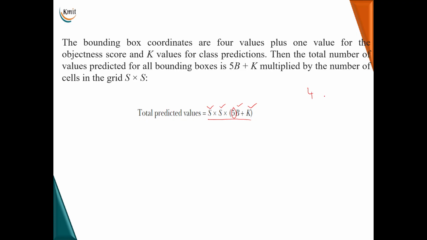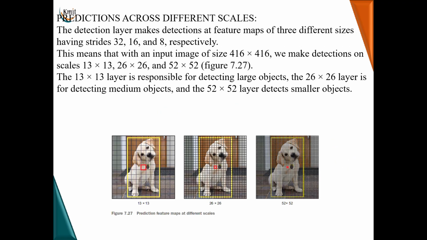Because, as I told you, you will have 4 coordinates of the bounding box plus 1 objectness score, hence 5B plus K. For example, if the input image is divided into 7 by 7 grids, you have 2 bounding boxes generated and the number of classes is 20, then the number of predicted values will be 7 into 7 into (5 into 2 plus 20), which is around 1470 predictions made by this model.